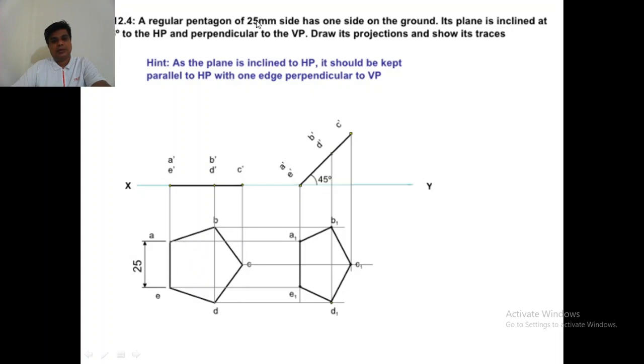So again all the conditions will be the same as the previous problems. Here you can see the pentagon is resting on the edge and the surface of the pentagon plane is making 45 degrees with the HP. Same thing, you just follow here.